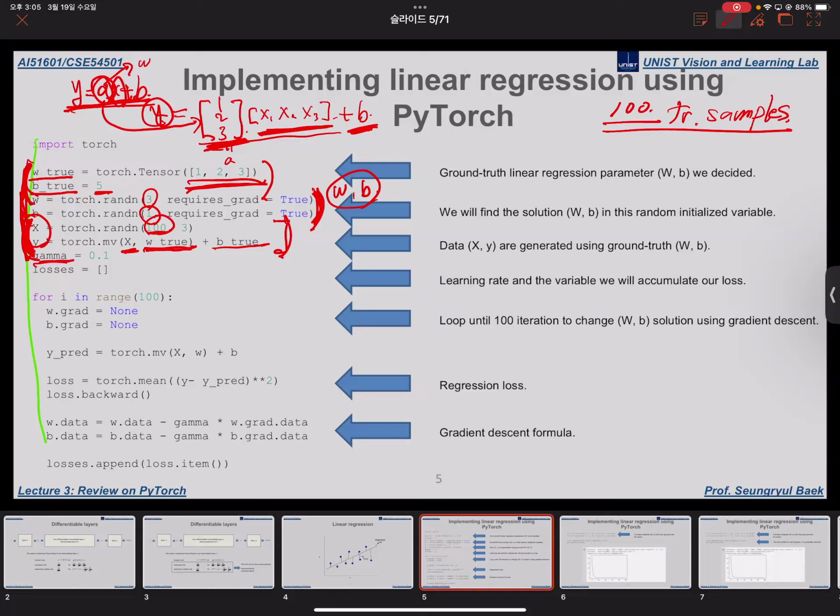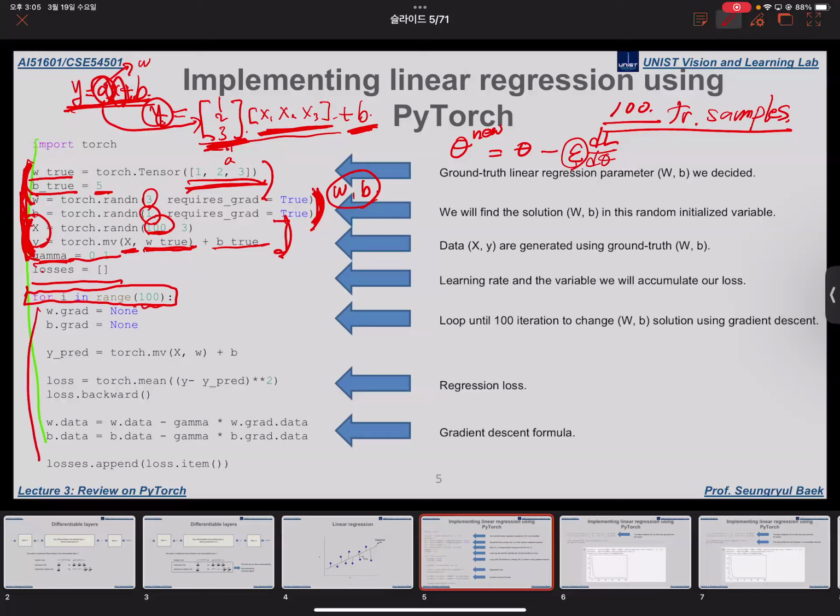And gamma means some small scalar value in this formula. Gamma is actually this epsilon. It has a small value, and this loss is the space for containing each step's loss L. And we have to iterate multiple times, and they set the total iteration number as 100.